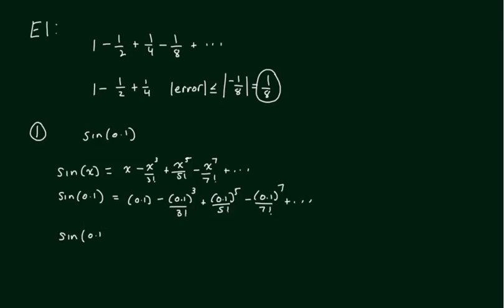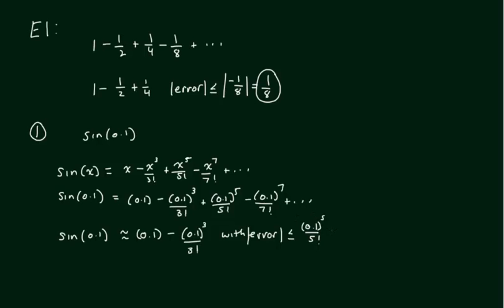So the sine of 0.1 is approximately equal to 0.1 minus 0.1 to the power of 3 over 3 factorial. And then we're going to say with error in magnitude less than or equal to the first omitted term. So the error is going to be less than or equal to 0.1 to the 5th over 5 factorial.